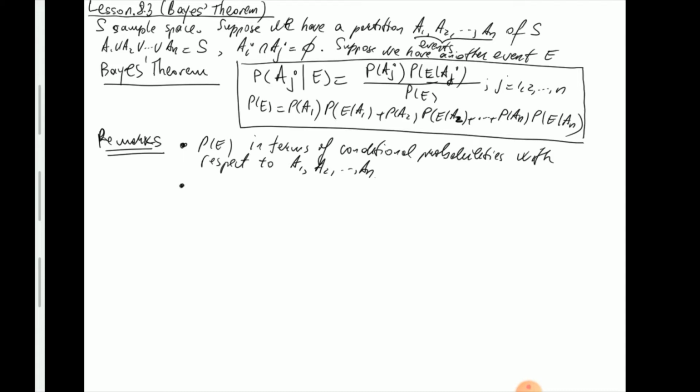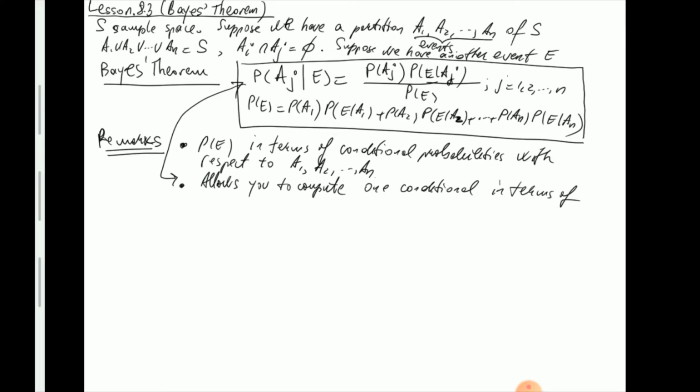And then another important remark: if you look at the first formula, this formula allows you to compute one conditional probability in terms of the reverse conditional.